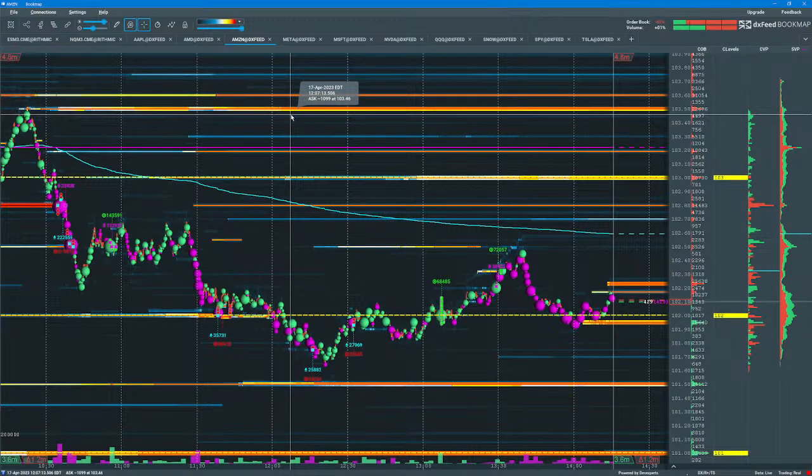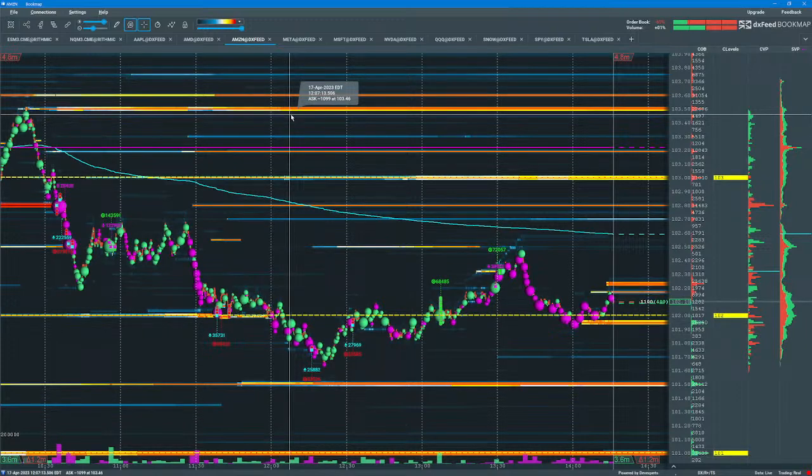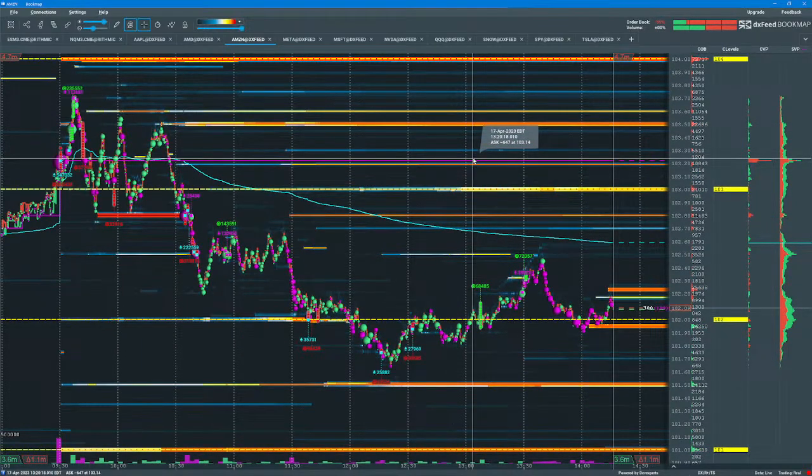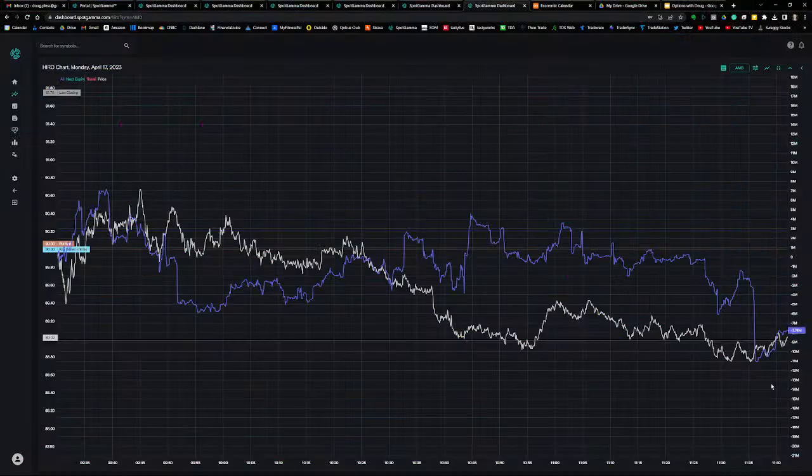Expected trading range, looking at selling premium, if price is trading inside those ranges, looking at selling an iron condor, for example, or if price reaches one of the daily extremes, selling a vertical, or any way that you want to approach that. So there is Amazon. Let's take a look at delta for Amazon.